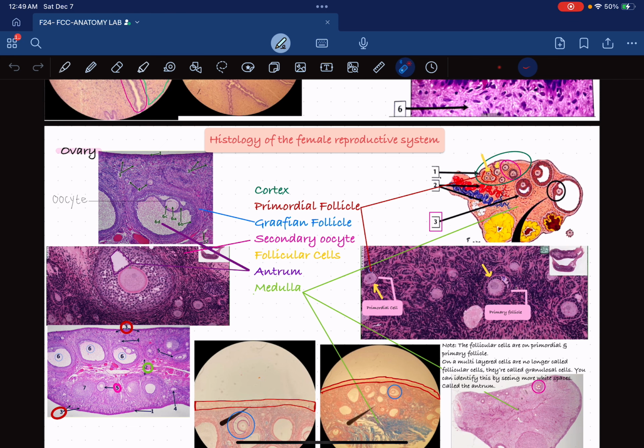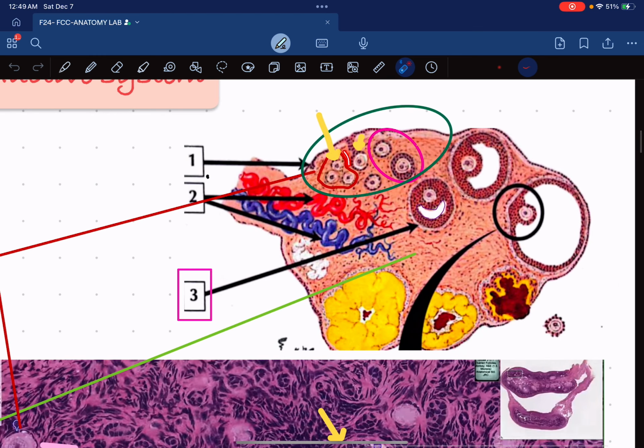The primordial follicle, located in red, has primary oocytes. It has 1 layer of cuboidal cells that get bigger and develop multiple layers. Here is a primordial follicle right here. Also can be seen over here.